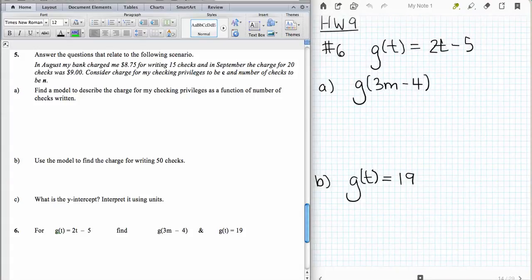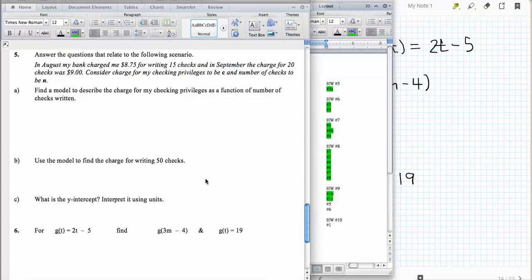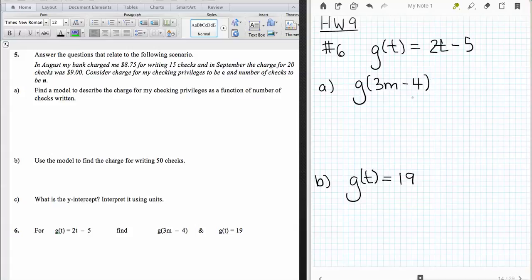The next thing that I want to do is problem number 5. So, oops, no, 5 I did, and so problem number 6. So we're just going to go down and move to this bottom one. So this is a 2-part problem, and we have this general function g of t, and this says I'm going to replace the t with this complicated thing.